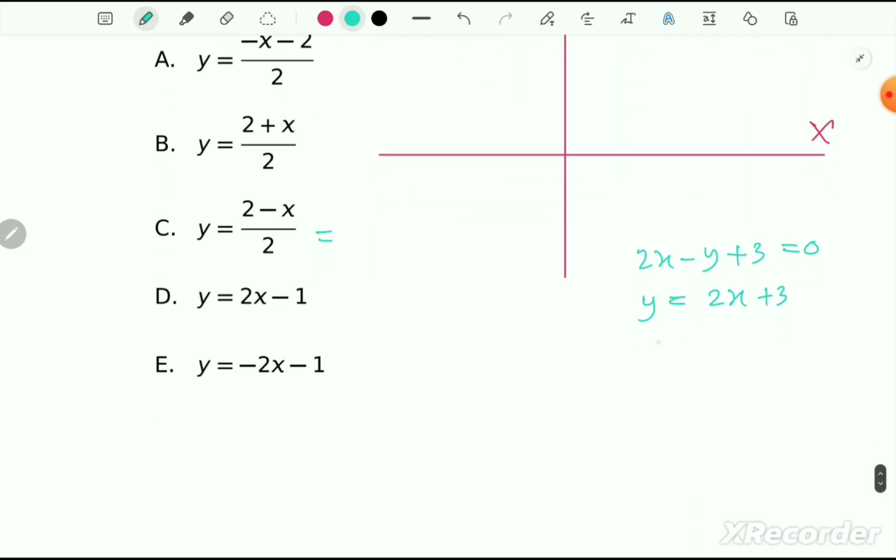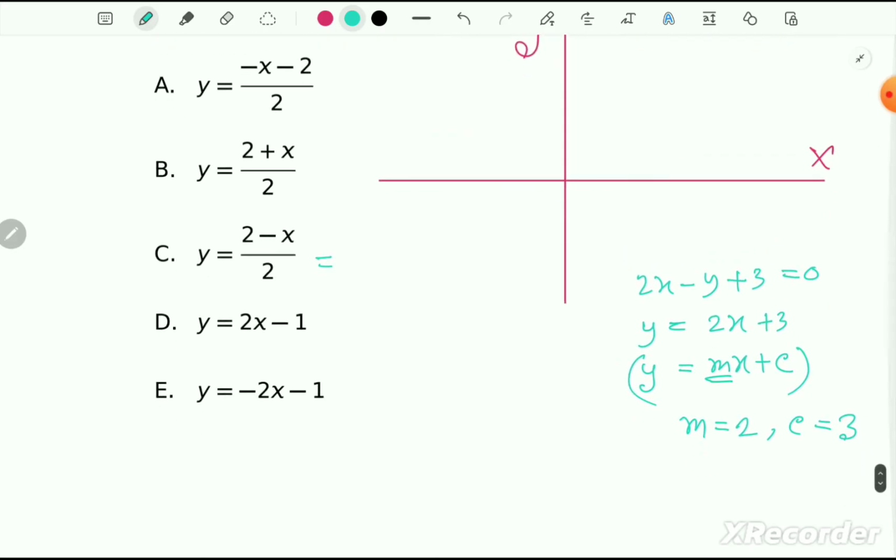So if we compare with our standard equation, y equals mx plus c, the slope of this equation becomes 2, m equal to 2, and the constant value c equal to 3.